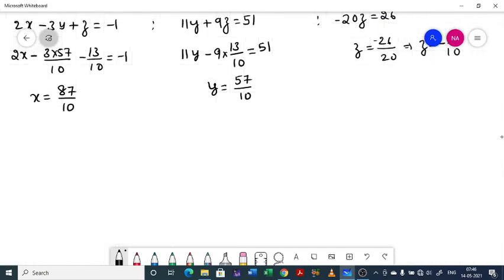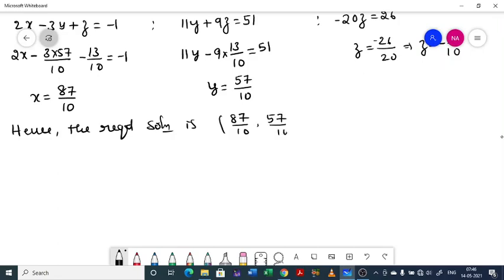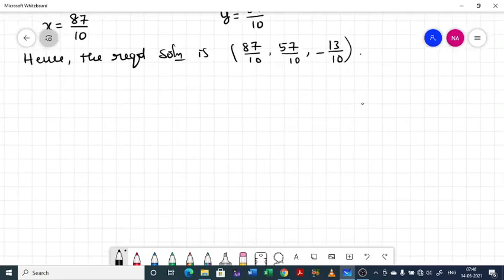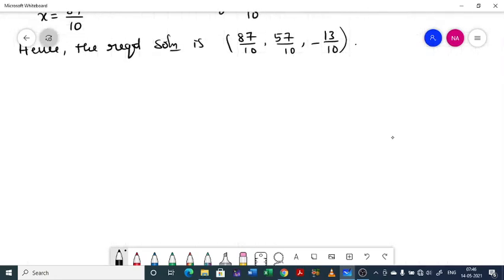Hence the required solution is 87 by 10, 57 by 10, minus 13 by 10. Next, problem C.